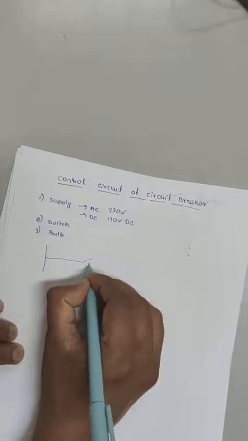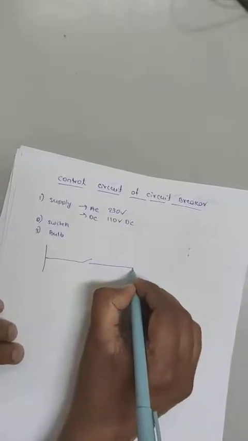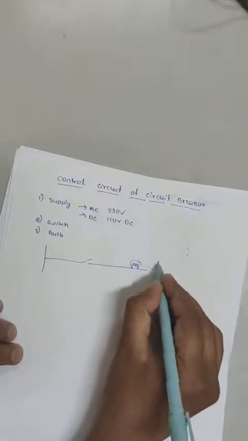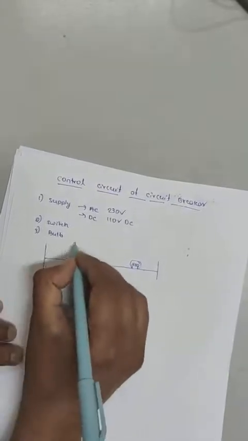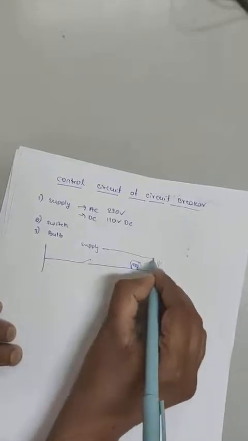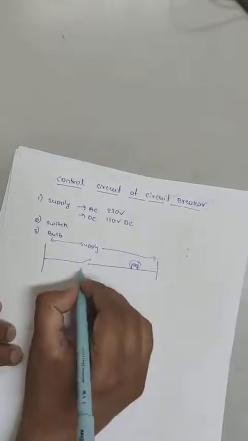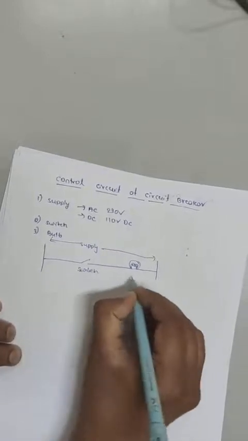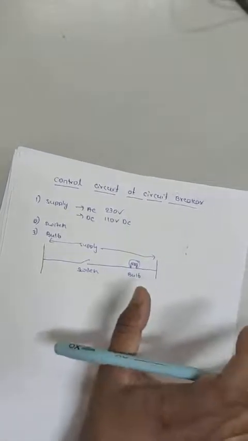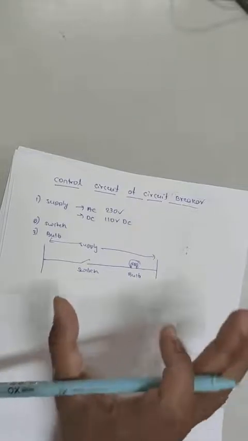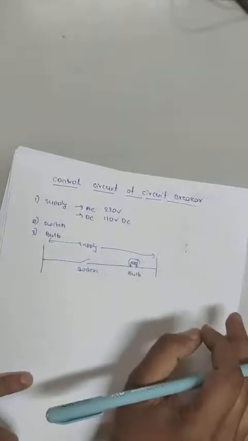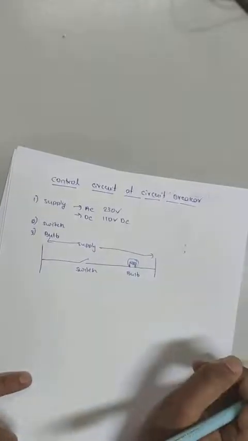As you already know, supply, switch and bulb. Any complex network can be simplified into these three components.